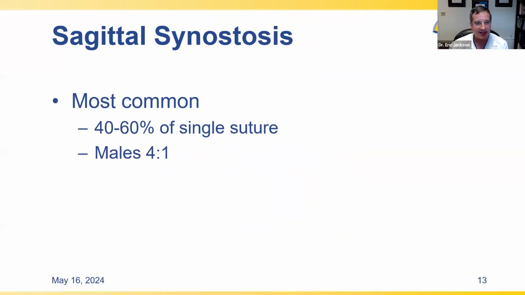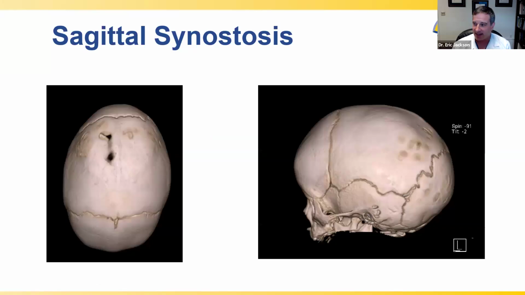Now, to get into the different types of synostosis, sagittal synostosis is the most common one that we see. It's about 40 to 60%. So about half of patients with a single suture that's fused have sagittal synostosis, and it's much more common in males. Here's a CT scan of a patient who presented with sagittal synostosis.